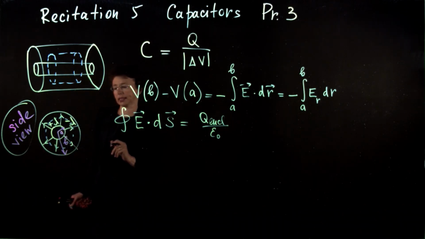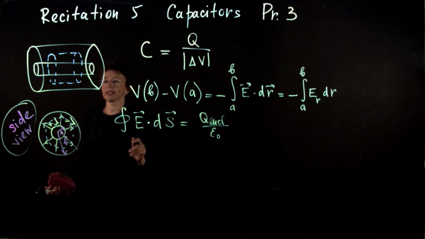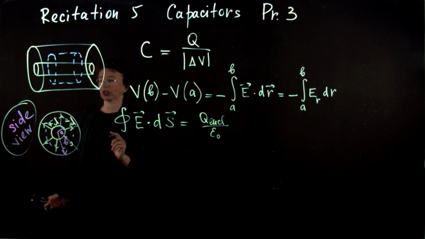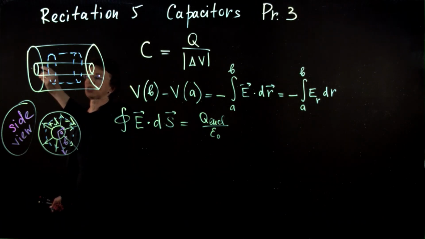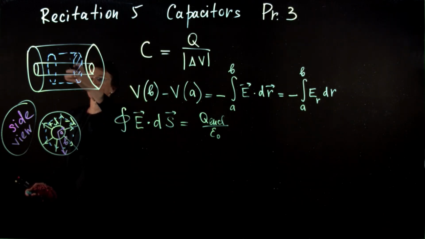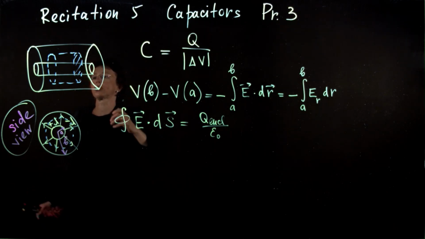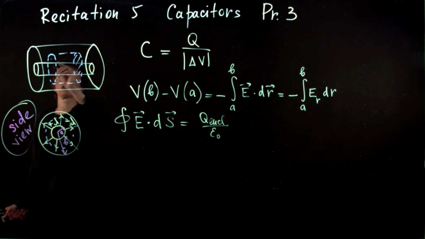We understand that the electric field is in the radial direction, so the flux of the electric field out of this cap will be 0, because the electric field is in radial direction and this area vector is in horizontal direction. They are perpendicular to each other. Dot product is 0. Flux out of this cap will be 0.